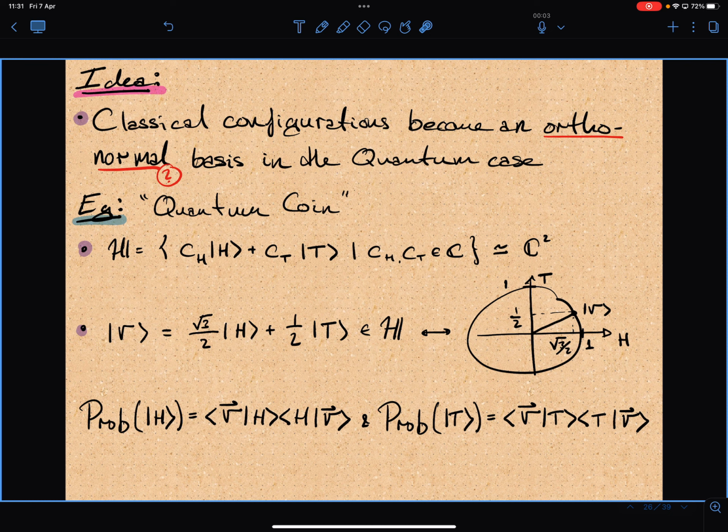So as a quick in-class exercise, I'm going to ask you to compute these probabilities for H and T, just to check that you're following the notation. And we should have that the probabilities add up to 1.